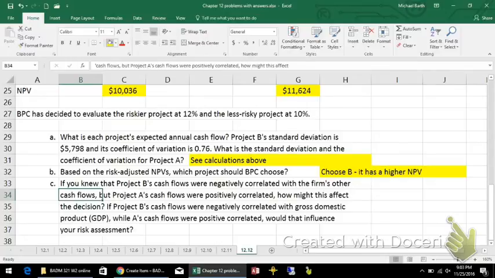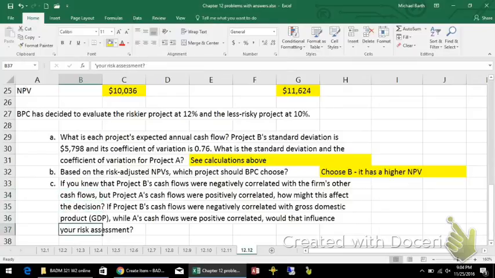If it turns out to be really good, all our other stuff's doing bad. So it's actually going to offset risk. It would make Project B more favorable because the results would be counter-cyclical, a way of hedging the risks that we have.